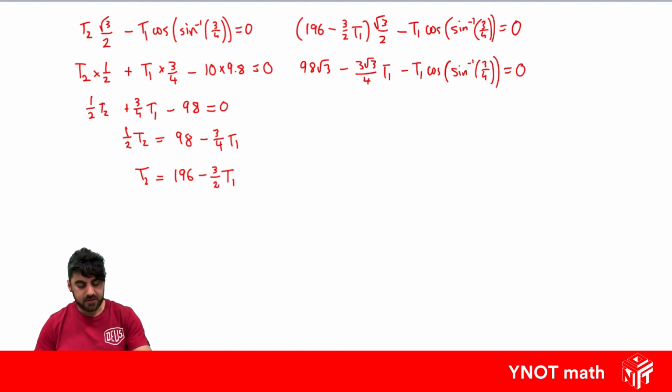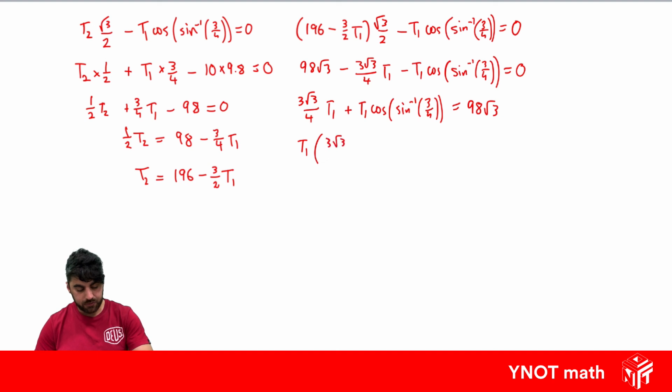Let's take both our T1 terms to the other side since they're both negative. So we'll get 3 root 3 on 4 T1 plus T1 times cos of the inverse sine of 3 on 4, all equals 98 root 3. We'll factor out the T1.